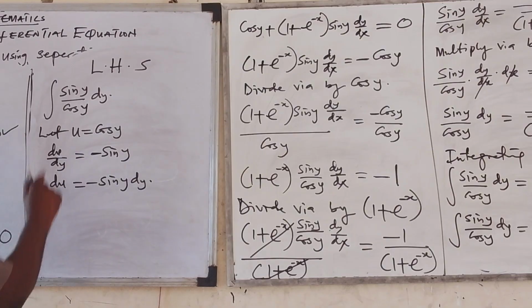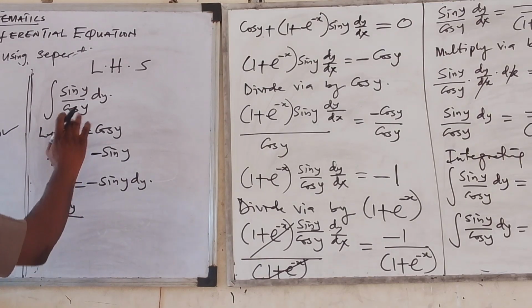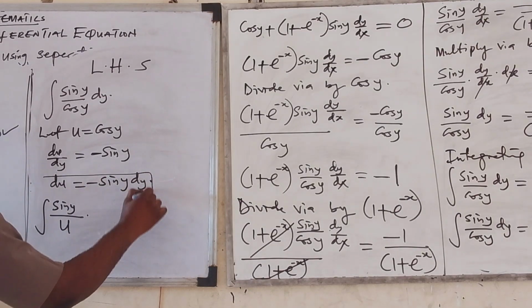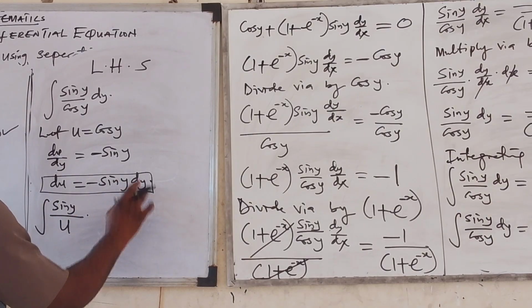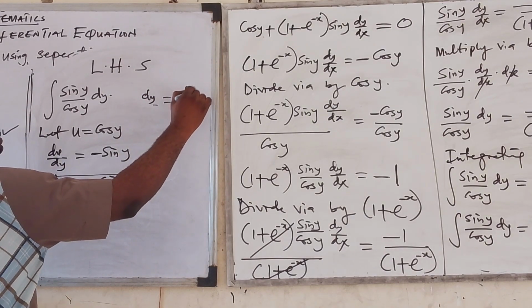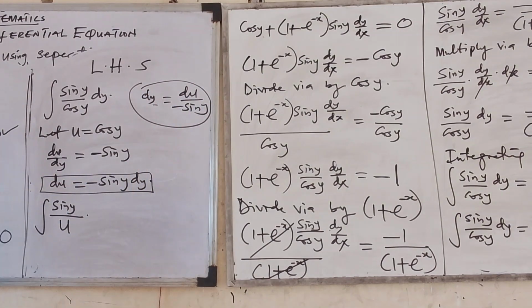So the whole of this now will be the integral of sin y over cos y, where cos y is u, times dy. Now, if this is u, our dy will be equal to du over minus sin y. That will be the value of our dy.